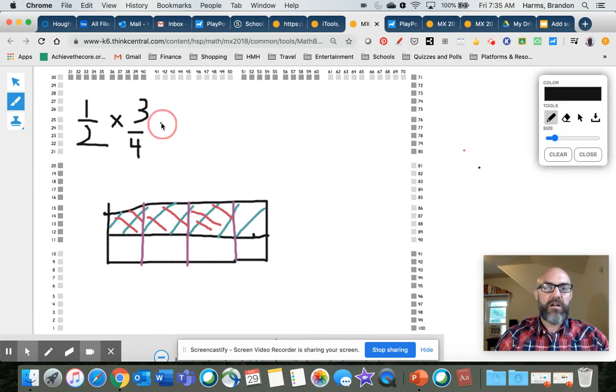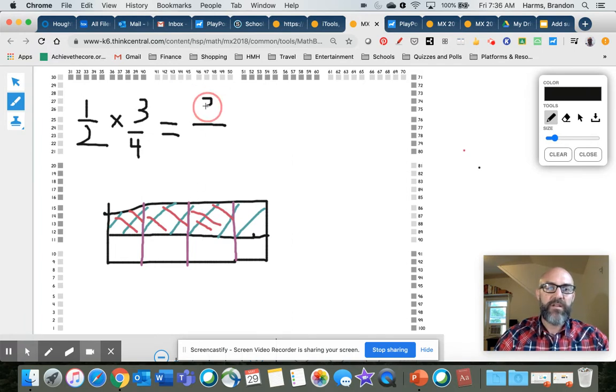So let's talk about that. We're going to put our equal sign up here. Well, when we multiply fractions, we're going to get another fraction. And I can tell I only ate a portion or a fraction of the entire granola bar. So I ate 3 pieces, and the numerator of a fraction represents what part we're focused on. And we're focused on 3 pieces out of the whole thing.